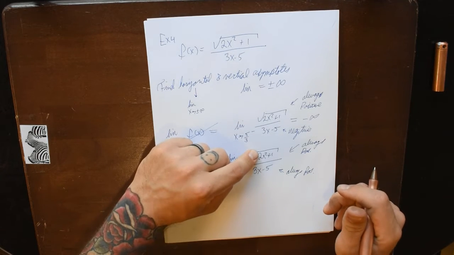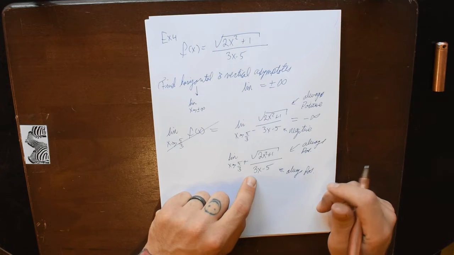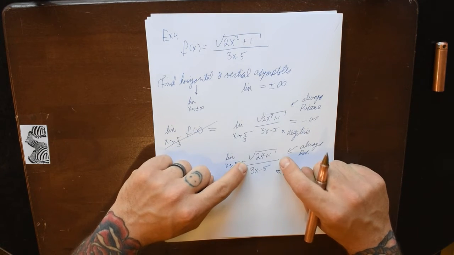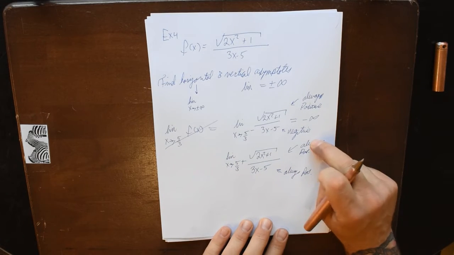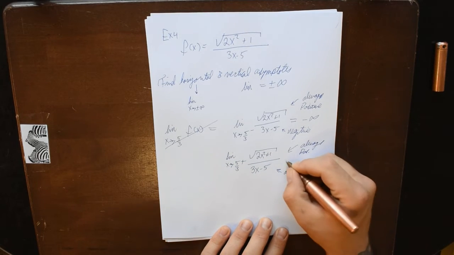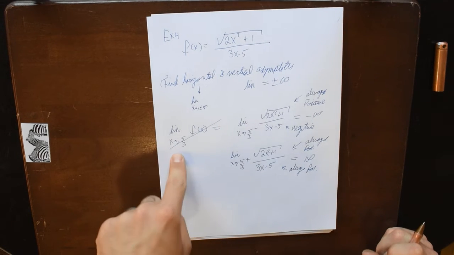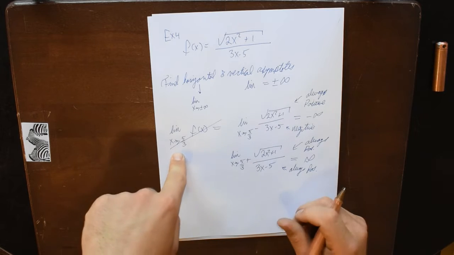If the numerator is always positive and the denominator is always positive, and we know that this function has to tend towards either a positive or a negative infinity, well, positive divided by positive means that we'll tend towards a positive infinity.